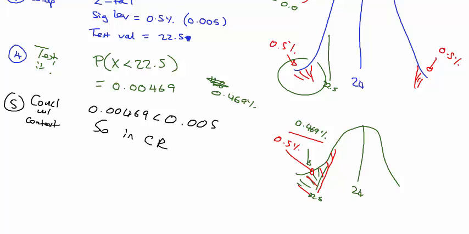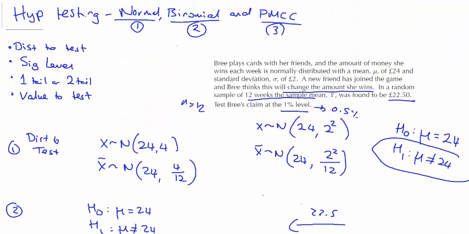So in the critical region, and in context, there is sufficient evidence to suggest that the introduction of her new friend, her new friend joining the game, has changed the amount that Bree will win. That's it, and you always give the context in terms of that. Even though it's realistic that we think it's lowered, we don't say that because our alternative hypothesis was that it has changed, so we just say it's changed.